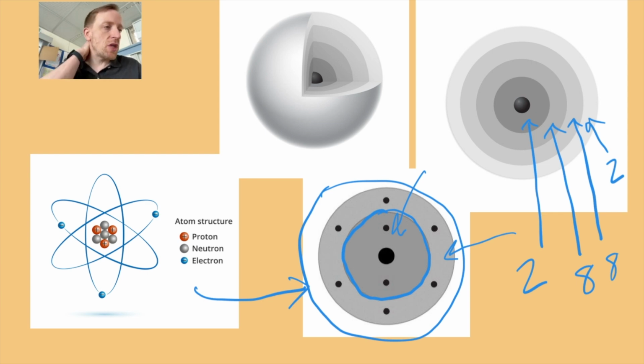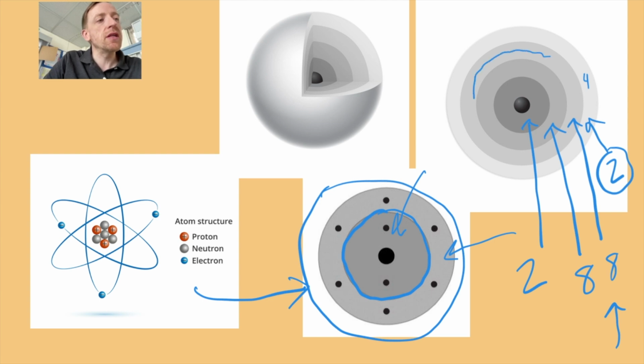Now, something strange happens after the 2 electrons here fill up this fourth energy level. We don't really need to dive into that too much, but the next 8 electrons actually go back to the third energy level here.